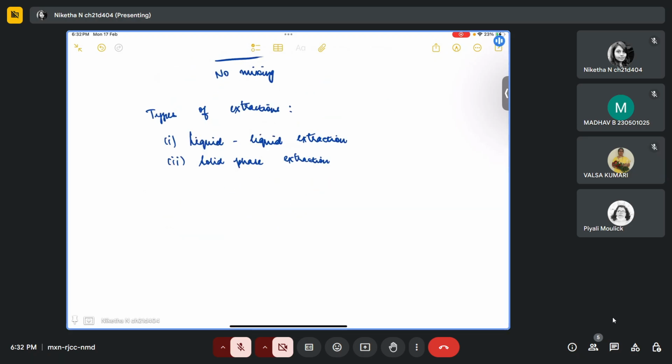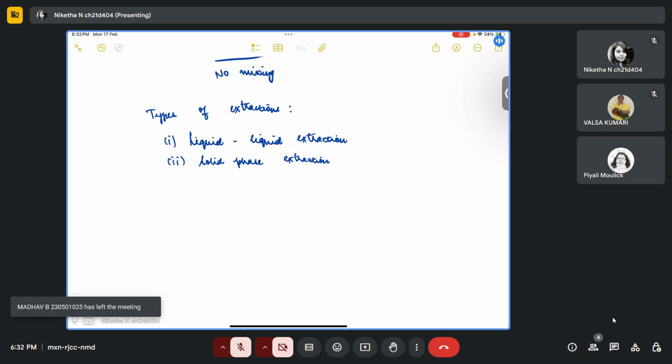So in a liquid extraction method, we will have a liquid and the chemical will be completely dissolved in that liquid. Now we will have another liquid which is the solvent. So the solvent will be added to this sample, and because of the higher affinity of the chemical of interest towards the solvent, this chemical will get dissolved into the solvent more than its solubility in water.